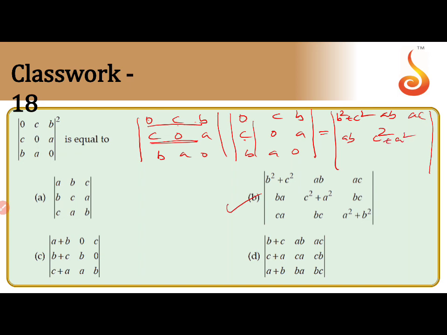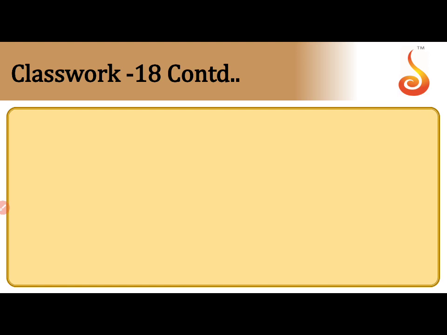Next, BC 0 0 BC. Next, 0 AC. Next 0. Now B square plus A square. So which option is matching? Only option B is matching. The other options won't give B square plus C square. The only choice is this one. So the answer is B. Clear? Just normal multiplication you can do, and you'll get the answer, which is B.